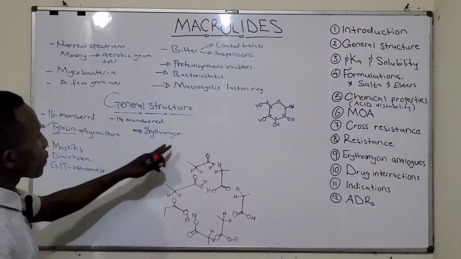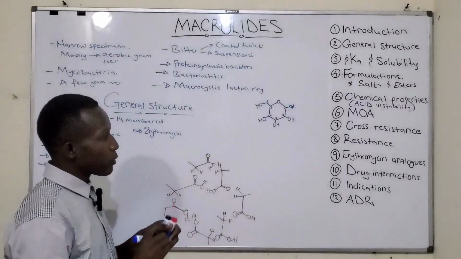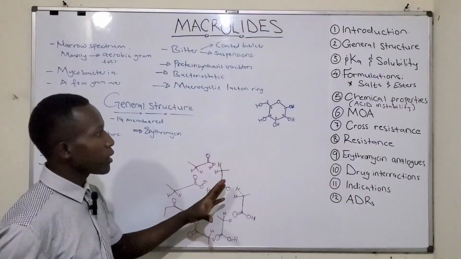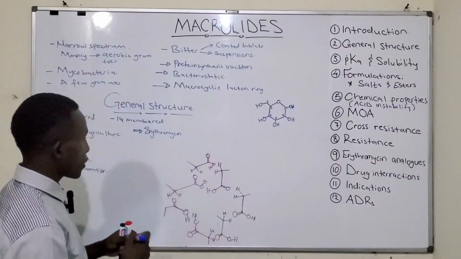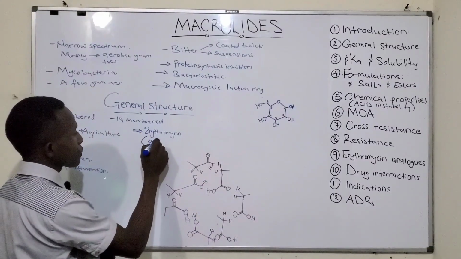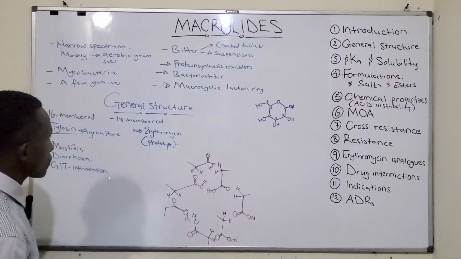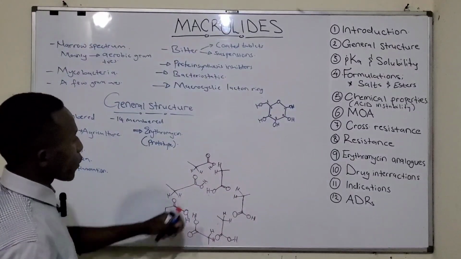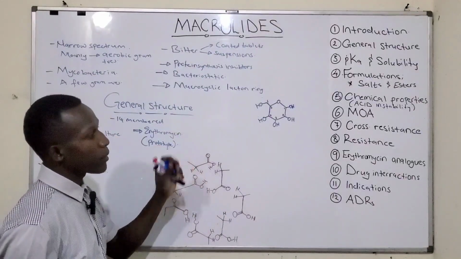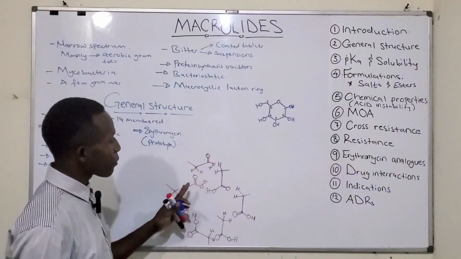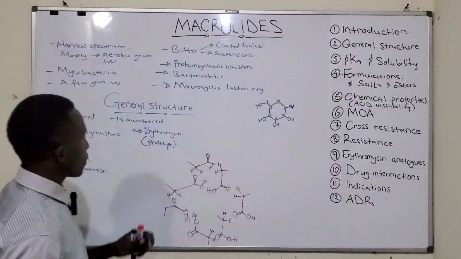We are going to talk about erythromycin, its structure, such that we can easily understand the modifications which were made to make other macrolides. But the prototype is the erythromycin. We are going to use these structures to easily remember the structure of erythromycin and also to know where the modifications were made to make other macrolides.